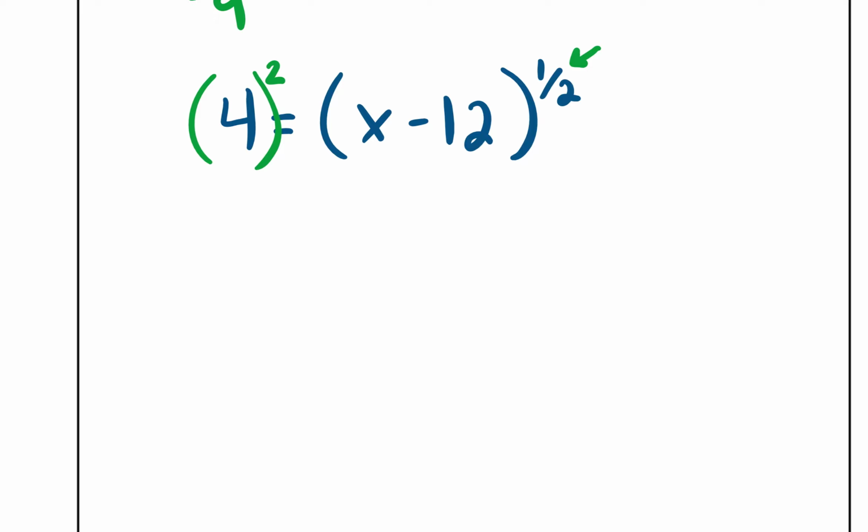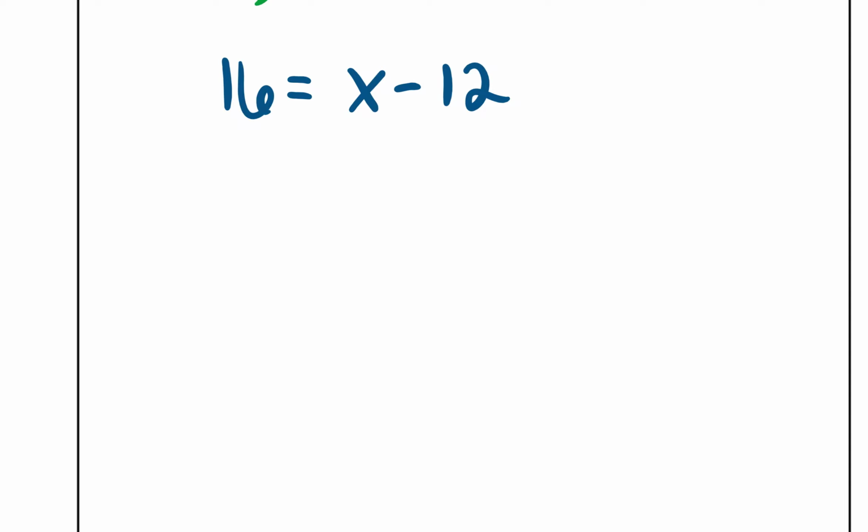So when I do this, I have 4 squared on the left, you get 16. Then I can drop the parentheses, I can drop the 1/2, because when I square it on the other side, it's gone. So I squared on the left, it's gone on the right. So now I just have x minus 12. And now from here, again, very easy to solve.